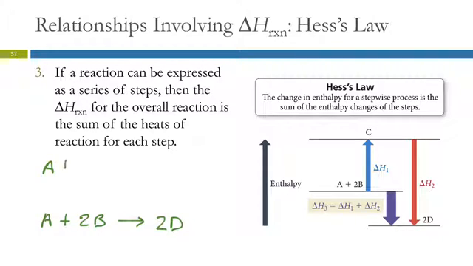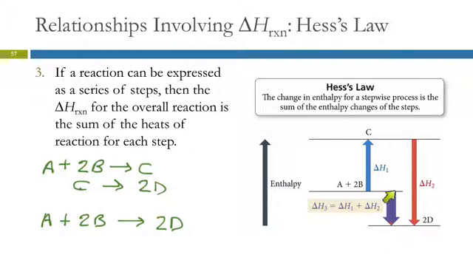We could go A plus 2B making C, and then the C reacting to form 2D. So instead of going directly to the product, there's something in the middle that gets made, and then that reacts and forms the ultimate product. The energy change is the same. It doesn't matter how you got there.